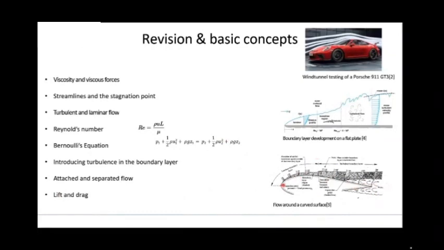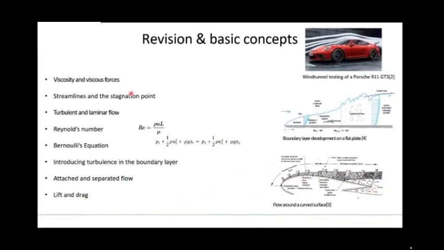So if this object is traveling from right to left and we've got low pressure at the back of the object trying to resist that, then that is what is referred to as drag. So this idea of trying to resist motion, in this instance caused by this low pressure region, this wake at the back of the object.